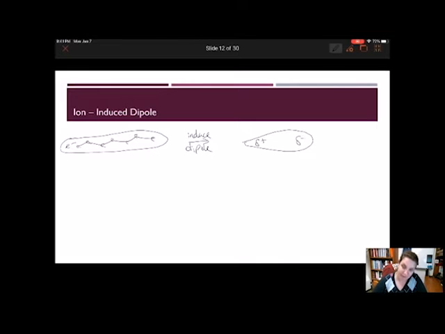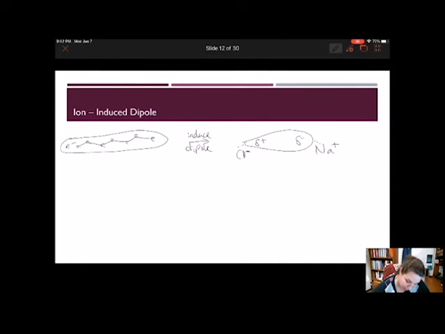If we have a shift in that electron density, now we have a partial positive area, a partial negative area, and an ion can interact like so. So the interaction between a partial positive and a negative charge, or a partial negative and a positive charge, is an ion-induced dipole.